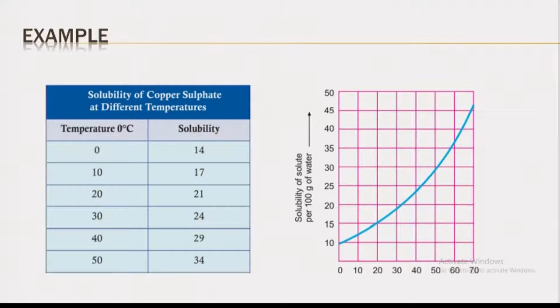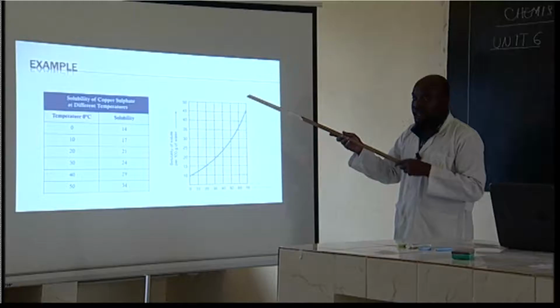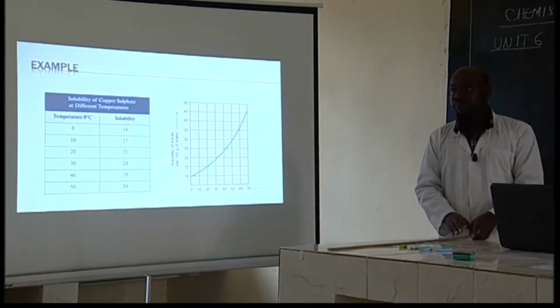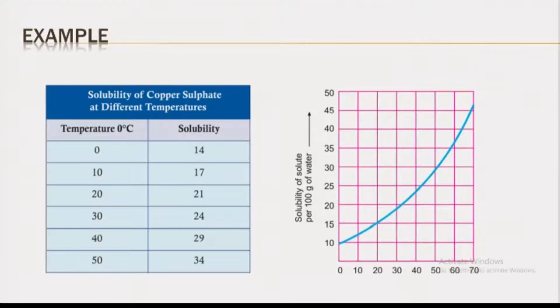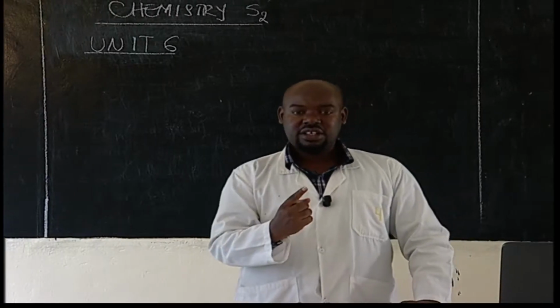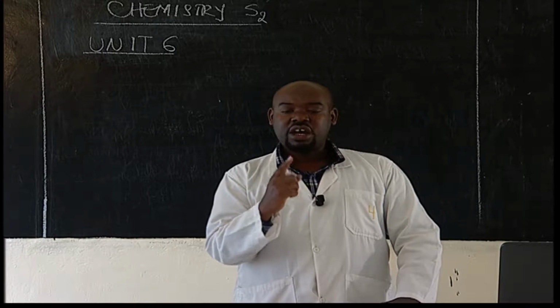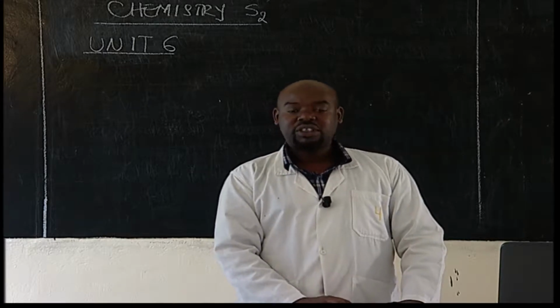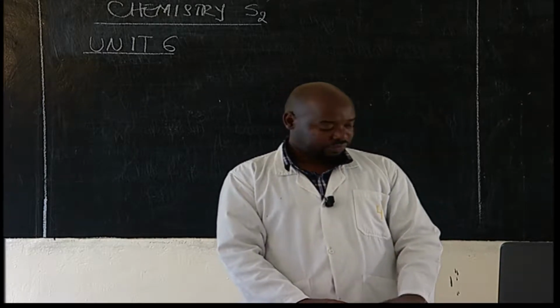You can see that as temperature increases, the values of solubility are also increasing. So the solubility curves can give us clear evidence that temperature really affects the solubility of solids.